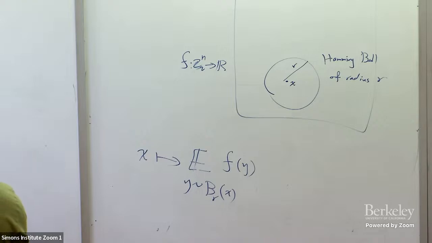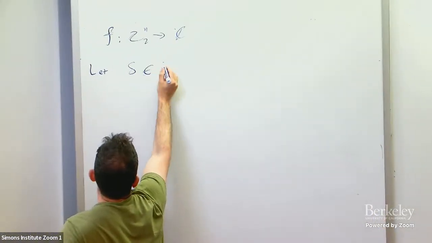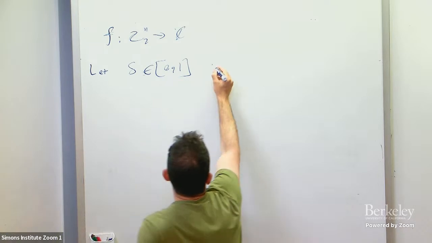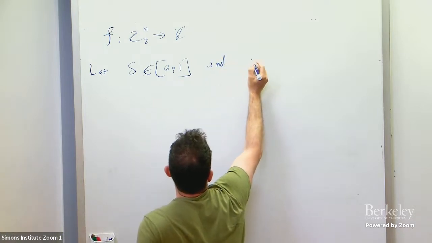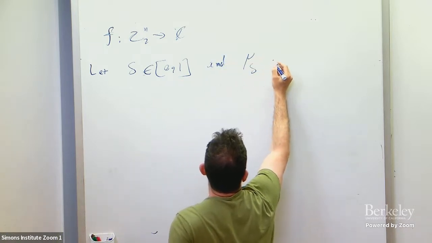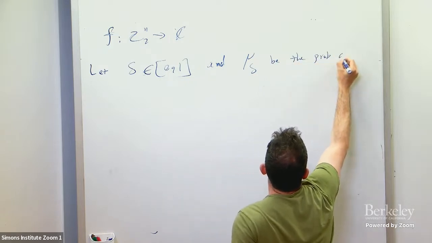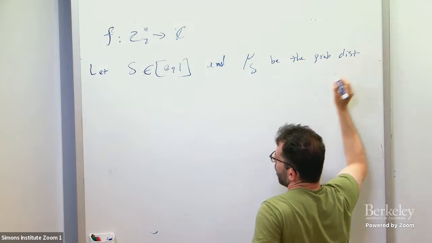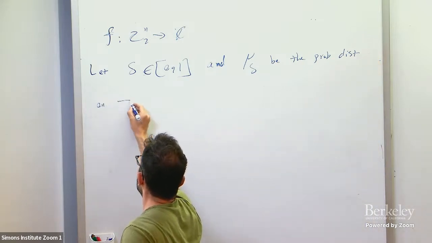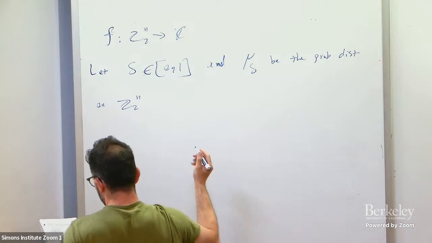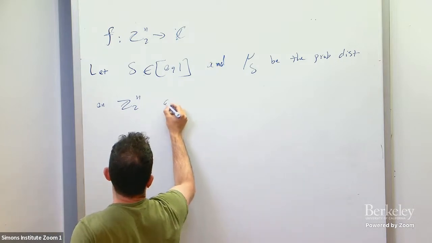So to do that, let's pick a parameter. So delta is some number in the interval [0, 1]. And let me define a probability distribution here. Mu delta is the distribution on Z2 to the n, defined as follows.